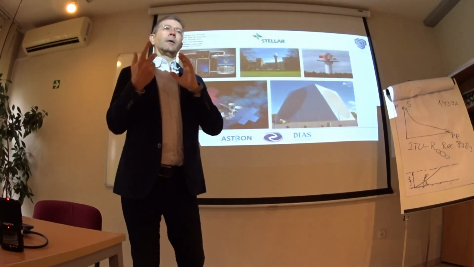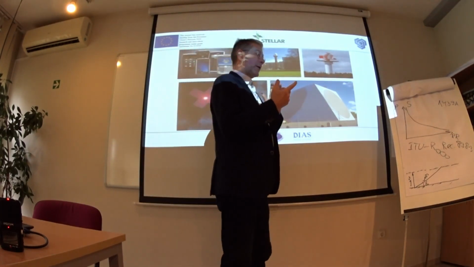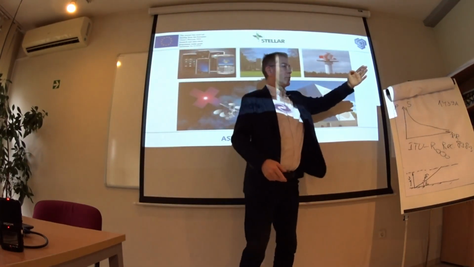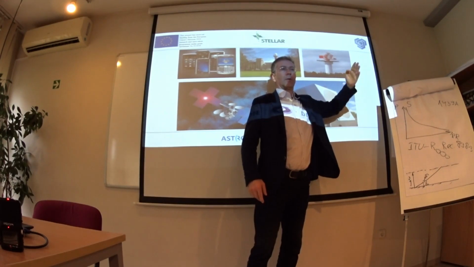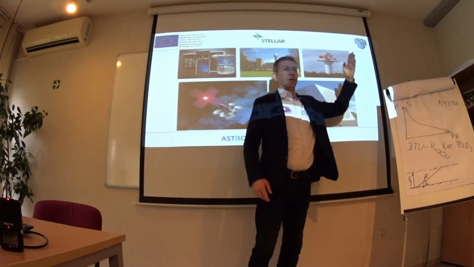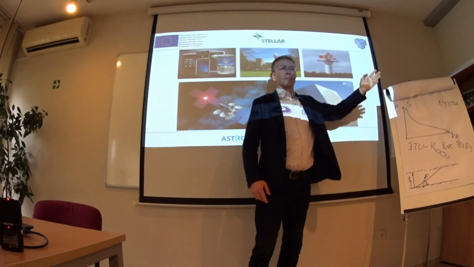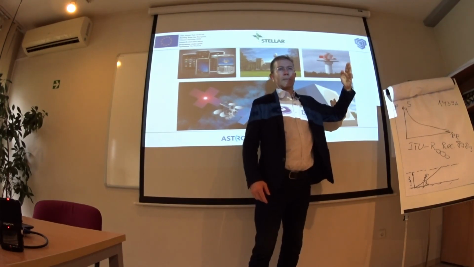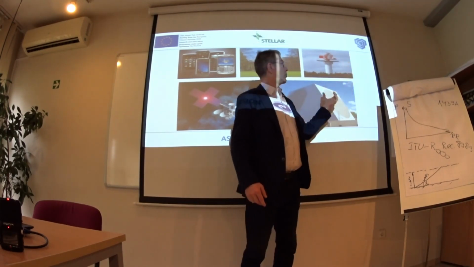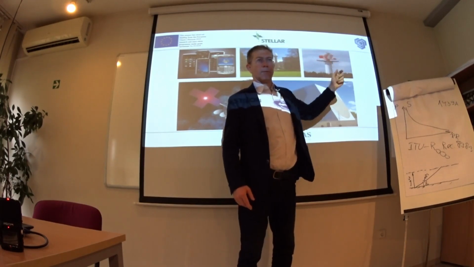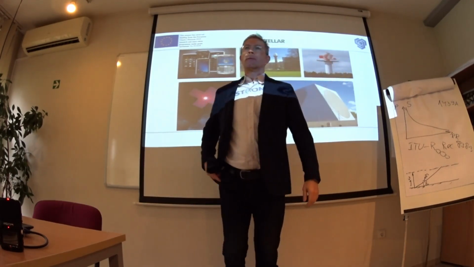And when we control the amplitude and mainly the phase, we can control the direction of the beam. So this array can scan electronically. It's not needed to rotate as with the airport approach radar.